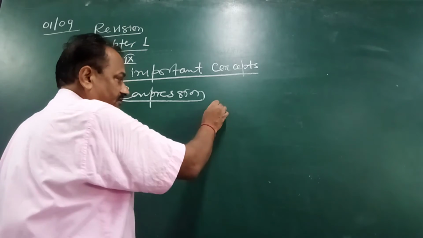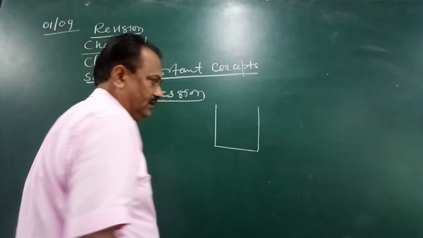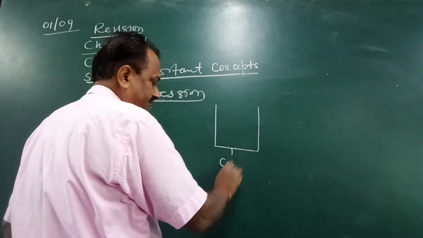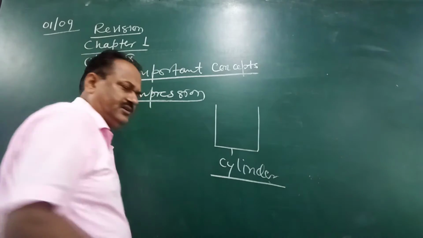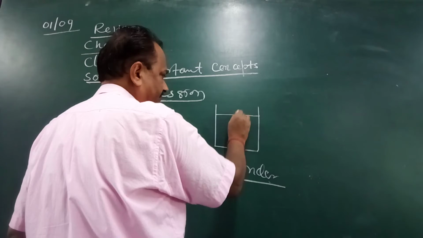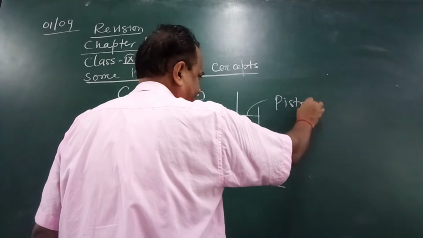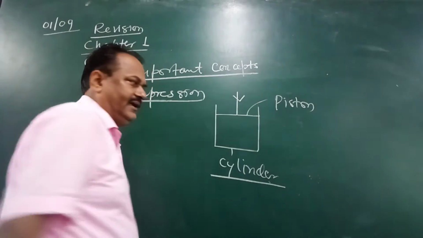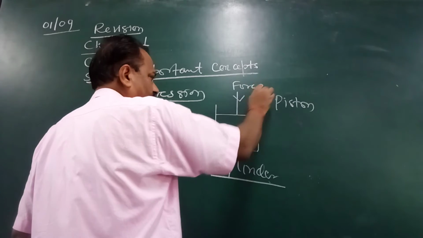Like we take this cylinder. A cylinder is just a cylindrical structure, and if we have the piston here, this is called a piston, and if we apply force here, what will happen?